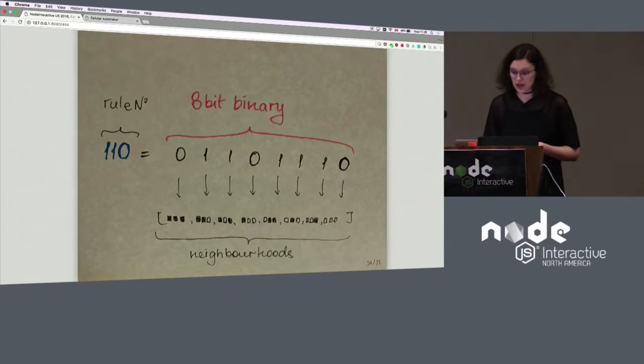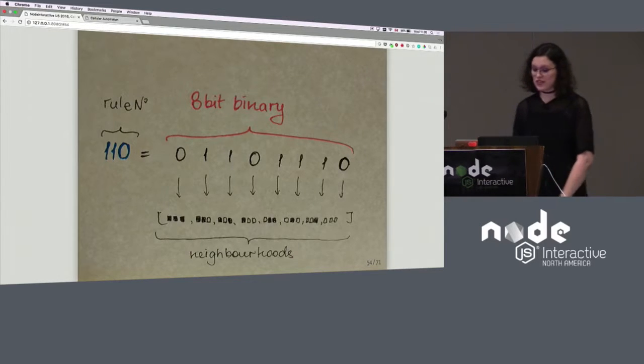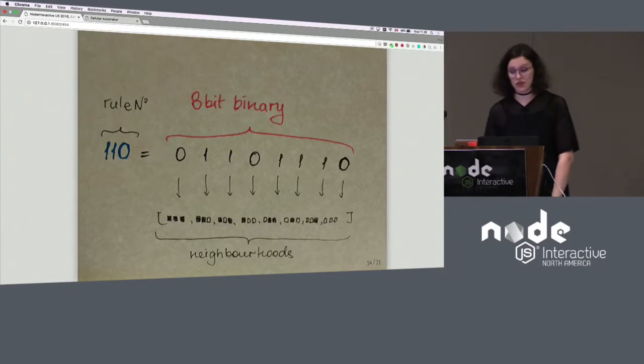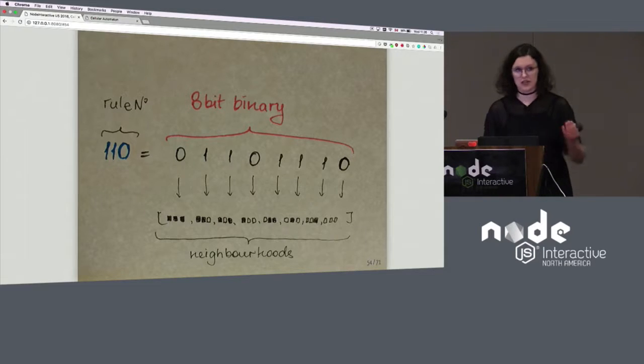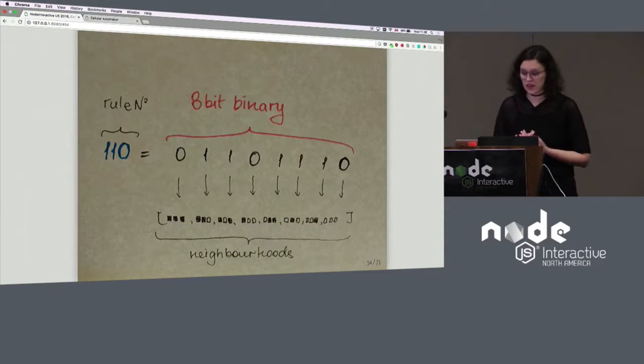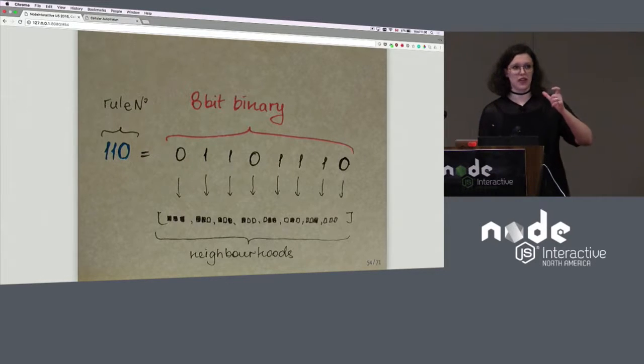Given a particular rule, you are converting that rule into an 8-bit binary, which looks like this. So 110 is 0, 1, 1, 0, 1, 1, 1, 0. Those get coordinated with the 8 neighborhoods you have. That's how Wolfram set it out, which is neat, because the first neighborhood is always going to be the first number of the 8-bit binary. So you're able to build that relationship out and then do other things with it.